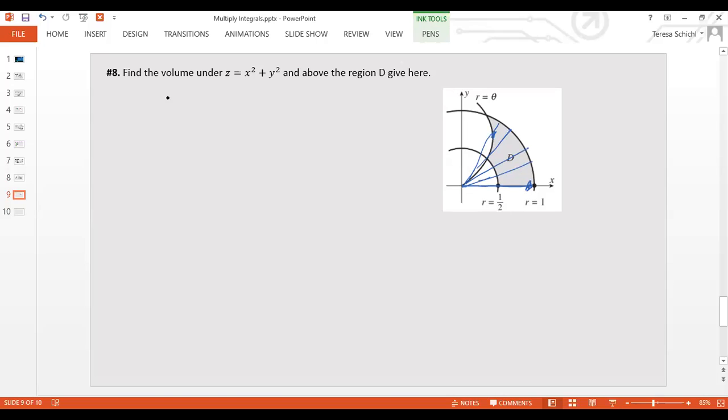My r is fixed. The radius is always between these two circles, so it's always between 1/2 and 1.